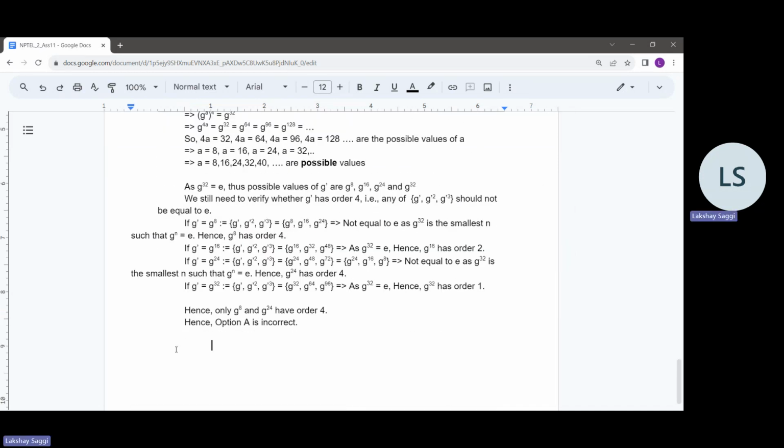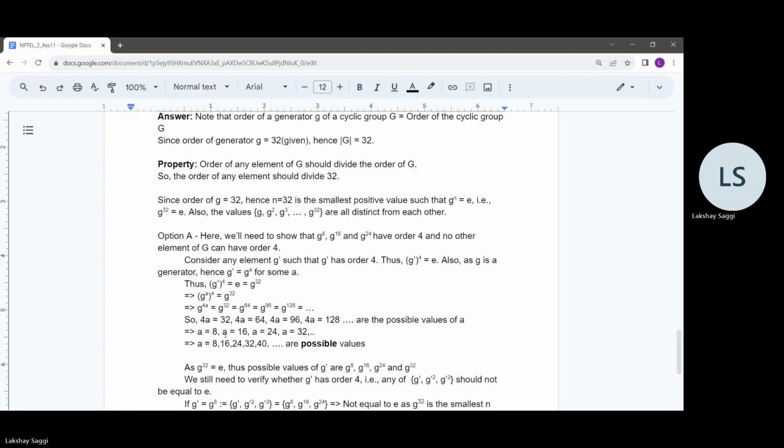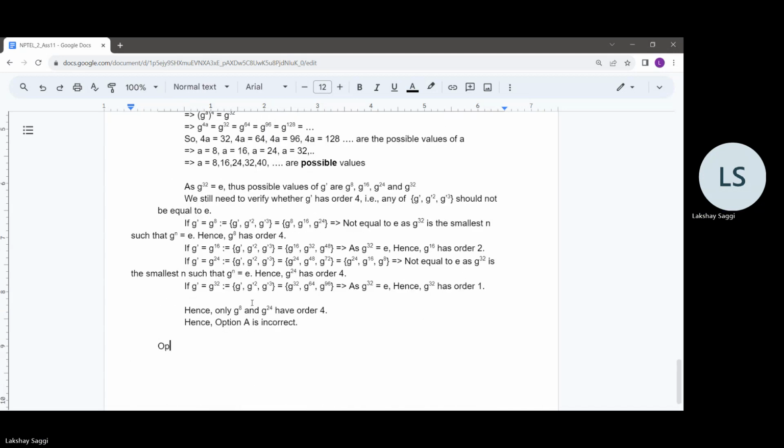So option B is correct, as 6 and 10 do not divide 32.